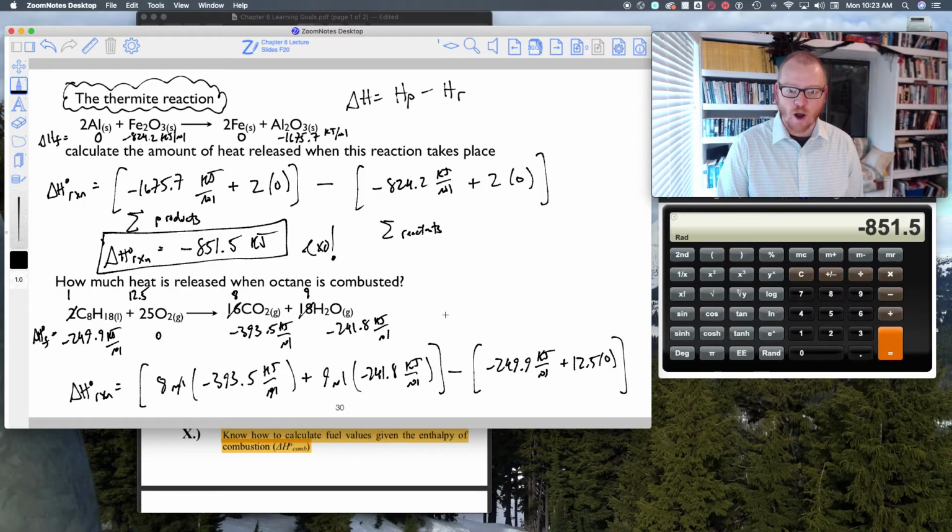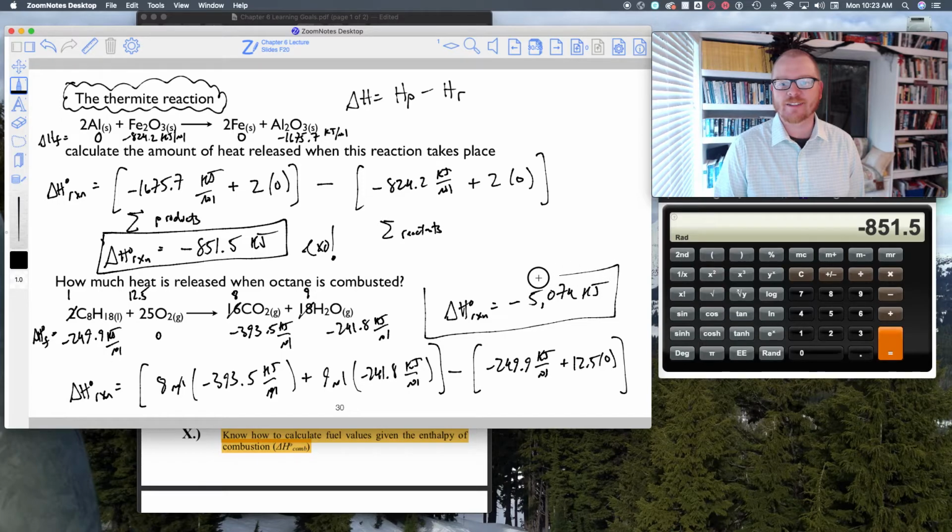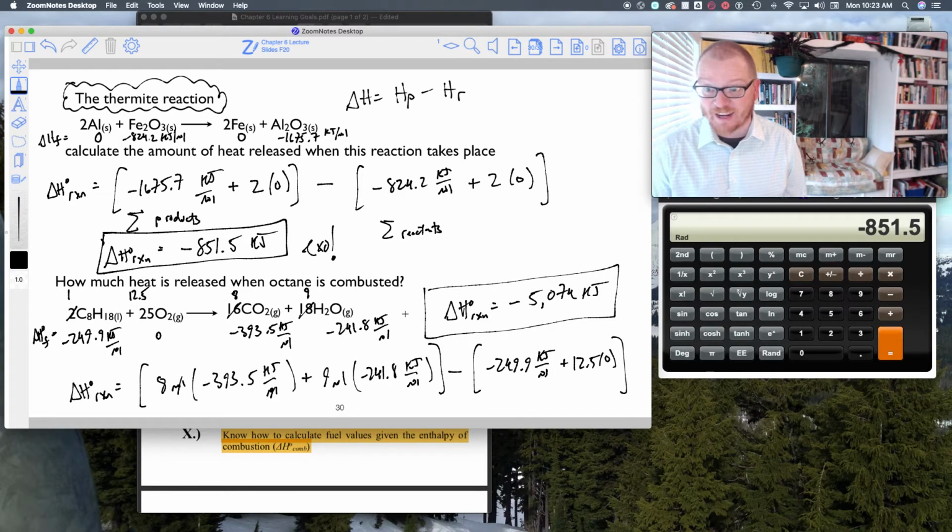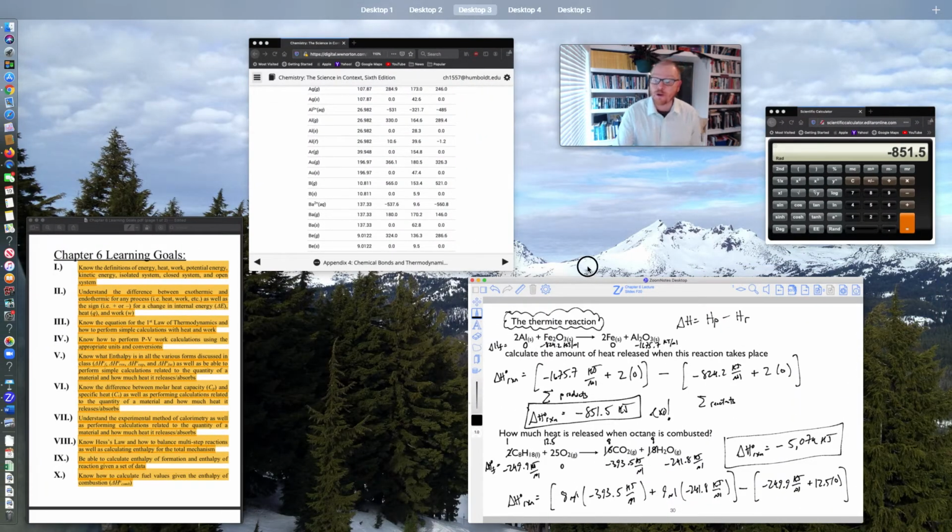So I did this one already, and I'm just going to write down the answer directly for you so you can see. But here we get negative 5,074 kilojoules. So look at this. That is more than 5 times the amount of heat released for the thermite reaction.